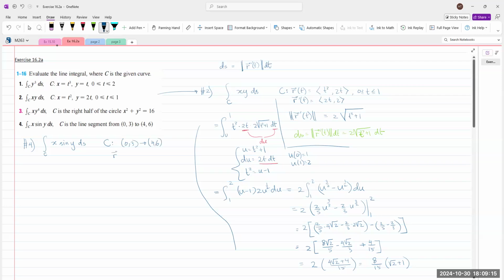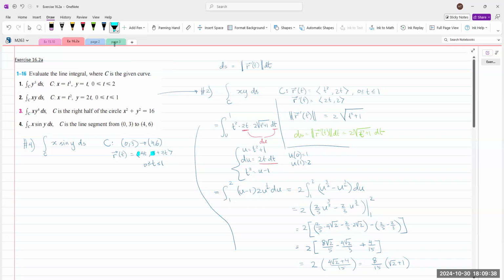So we parameterize that by 4t, 3 plus 3t, where t is from 0 to 1. You may wonder, Thomas, how do you do that so fast? The initial point is 0, 3.